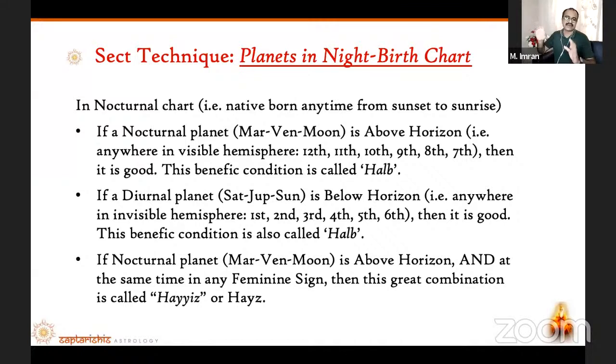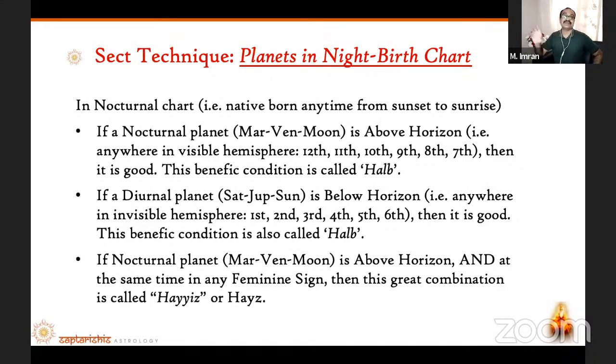Although by nature the eighth house is against the nature of the Moon, it may give some bad results like early widowhood of the mother. But the Moon in the eighth house is good for wealth, general comfort, popularity, and recognition, because the Moon is a nocturnal planet. In a night born chart, the Moon is in a visible hemisphere.